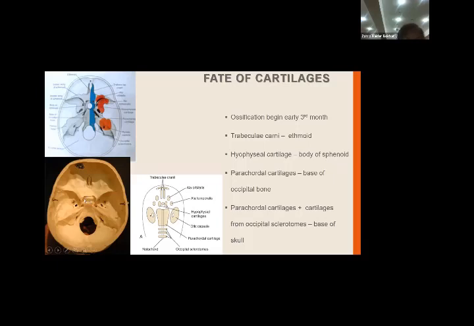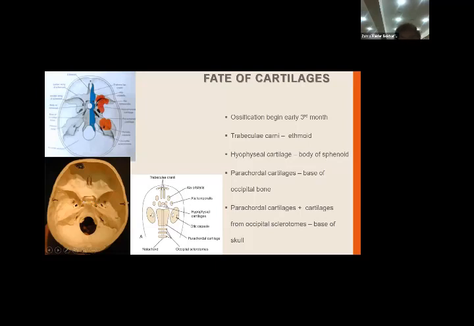This part lodges the pituitary fossa. Since it lodges the hypophysis cerebri, it is hence called the hypophyseal cartilage, because this develops into the pituitary fossa, body of sphenoid. The pituitary fossa lies in the body of the sphenoid. So this part develops from hypophyseal cartilage.